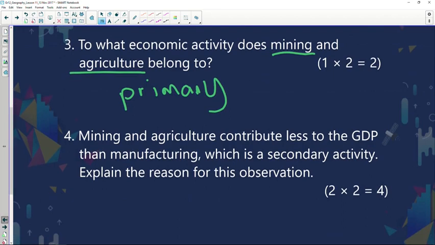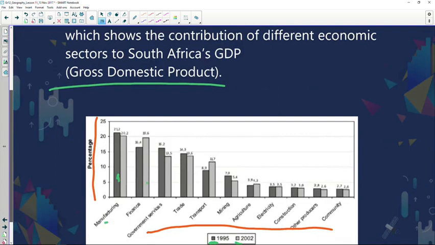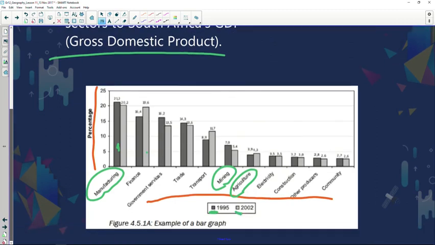Now if you quickly go back to your graph, you can see this is where manufacturing is, producing the most of the GDP of the country, and there's agriculture and mining. Agriculture actually produced less than mining. The reason for it is because what do we do with mining? In manufacturing we're processing it. So this raw material that's being mined, what do we do?